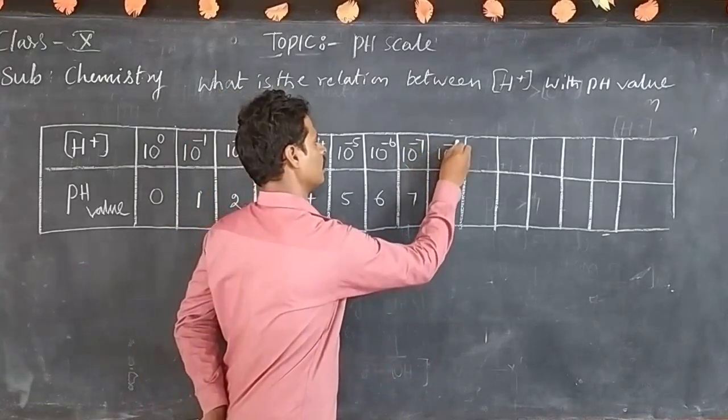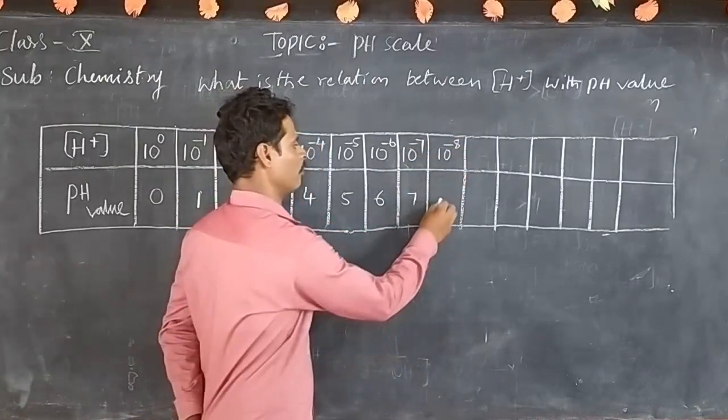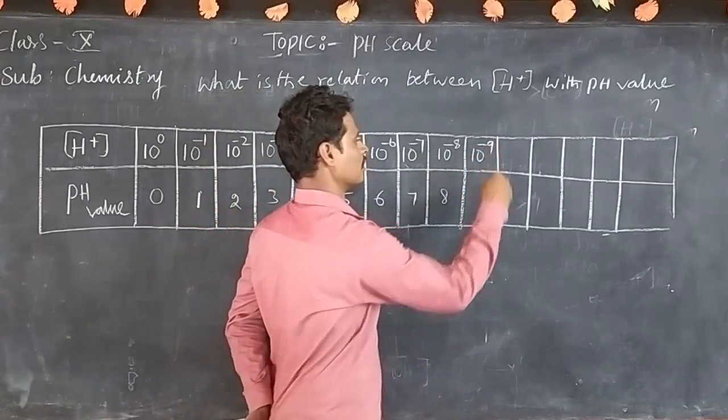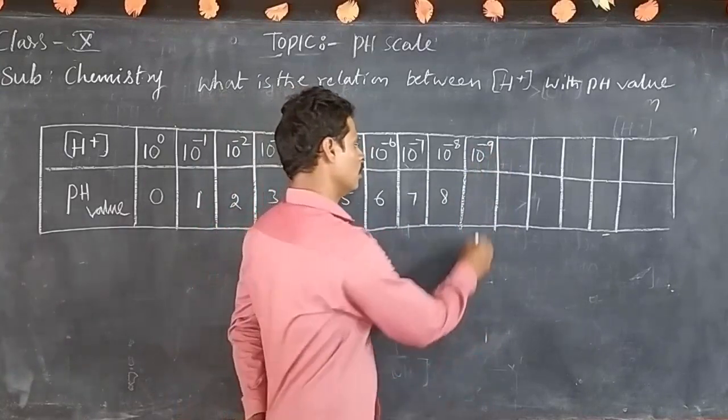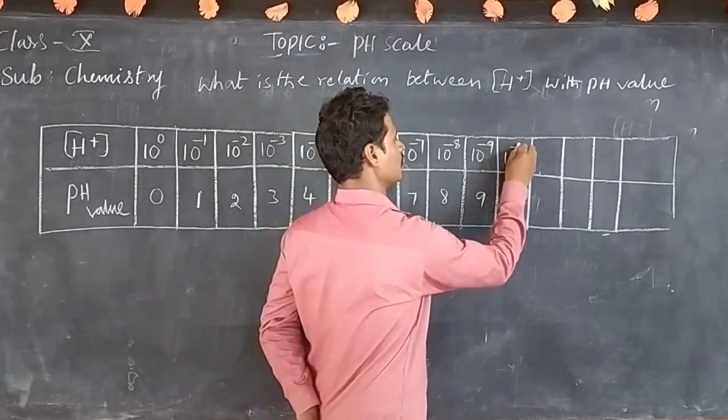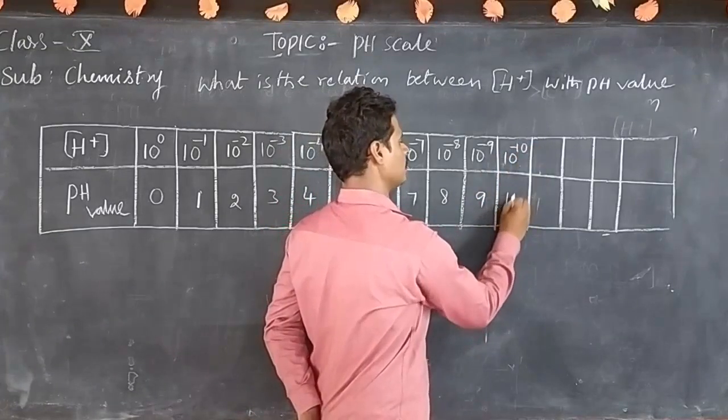So H plus ion concentration 10 to the power minus 8, pH value is 8. 10 to the power minus 9 H plus concentration, pH value is 9. H plus ion concentration 10 to the power minus 10, pH value is 10.